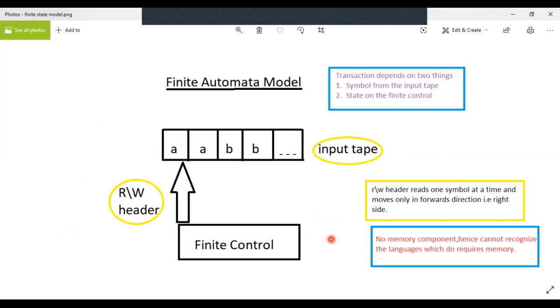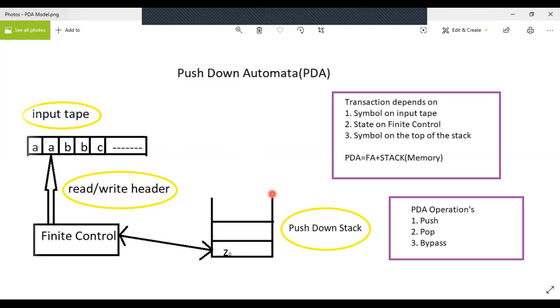But in the pushdown automata, the transition or move can be defined with the help of three things: the symbol on the input tape, the state on the finite control, and the symbol on the top of the stack. So this is the basic summary of the finite state model and the pushdown automata model. Now we will understand the machine characterization of the pushdown automata machine.